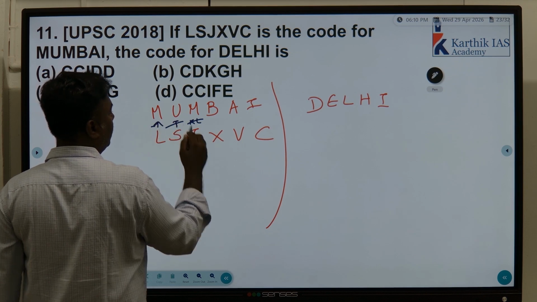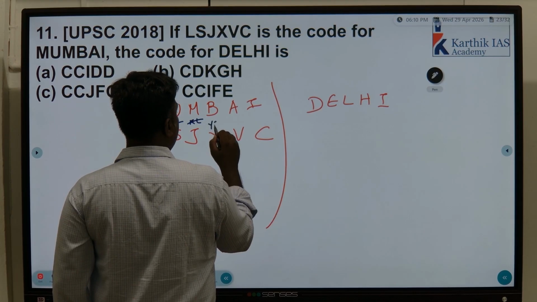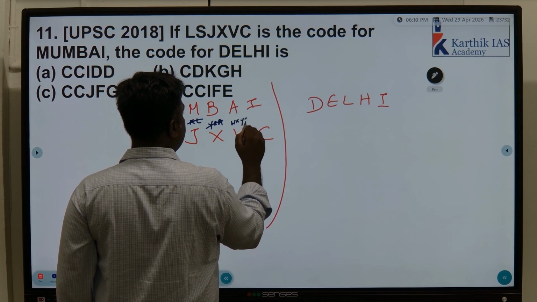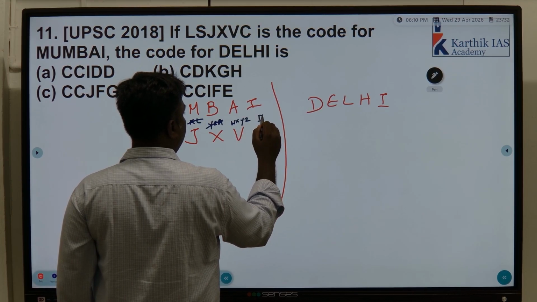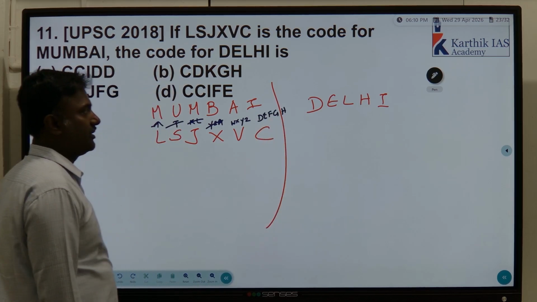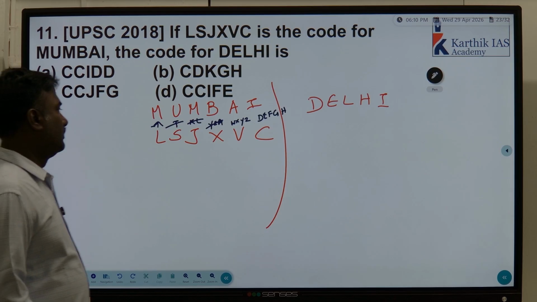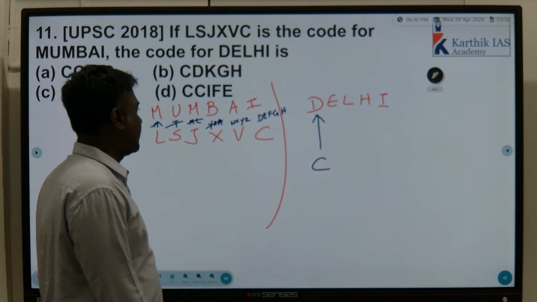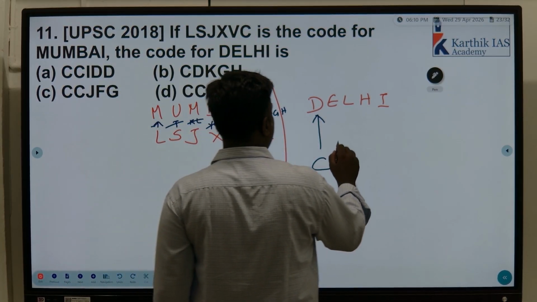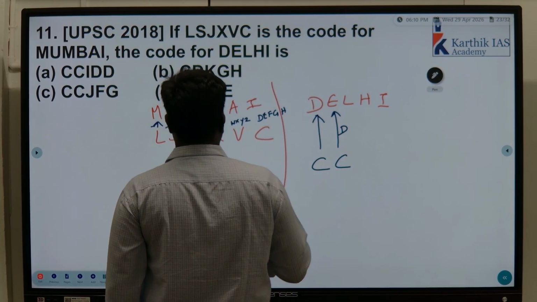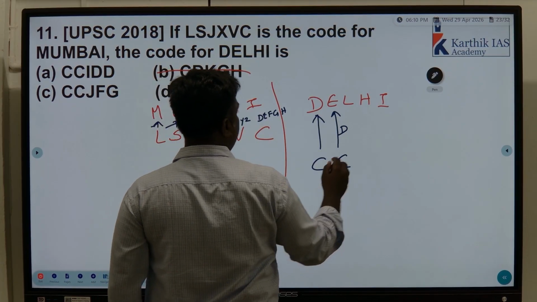From the bottom, if you go X, Y, Z, A is missing. V U V W X Y Z A, D E F G H, 5 letters missing. So immediately before it is C. It should start with C, and then D is missing, C, double C. Everywhere double C, only one is not there.